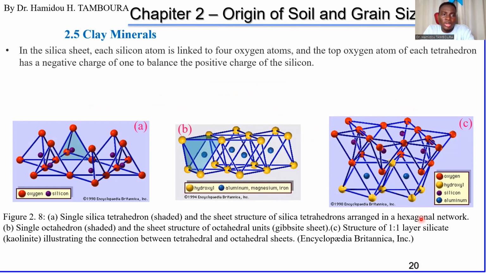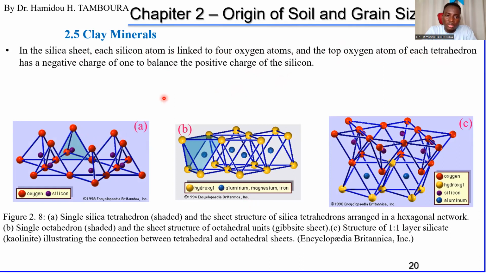So in the silica sheet, each silicon atom is linked to four atoms of oxygen, like I explained before. On the top, the oxygen atom of each tetrahedron has a negative charge of 1 to balance the positive charge of the silicon.